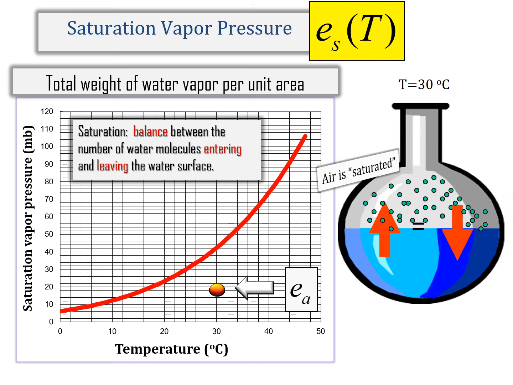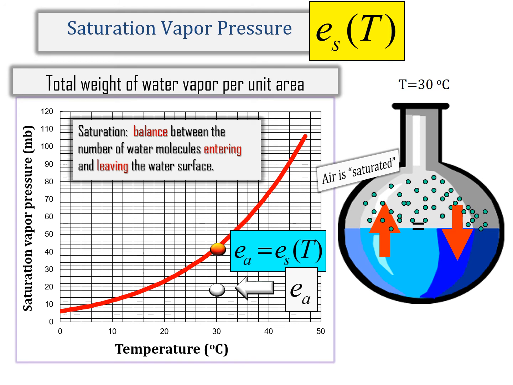Eventually the number of water molecules entering the water and leaving the water is the same. It is a balance. We call that saturation. So this air can only hold so many water molecules. If more, they will go back to the liquid water.